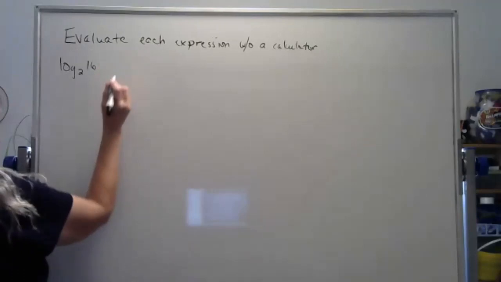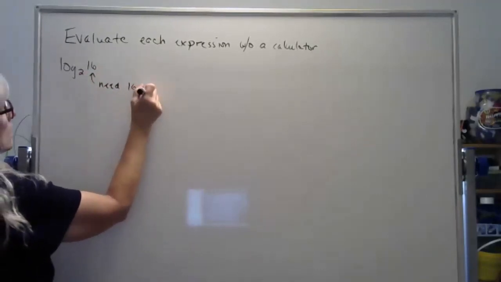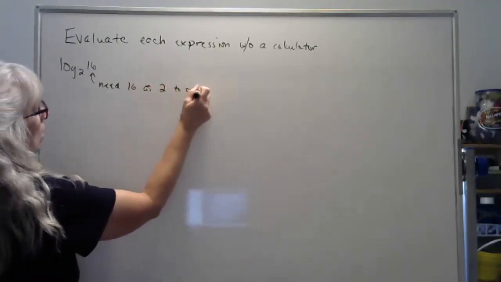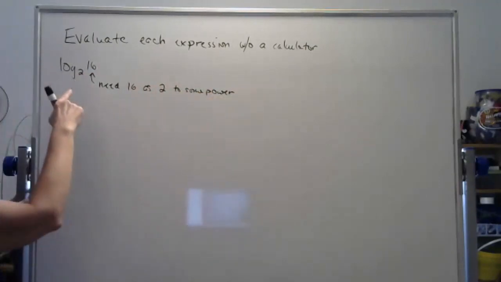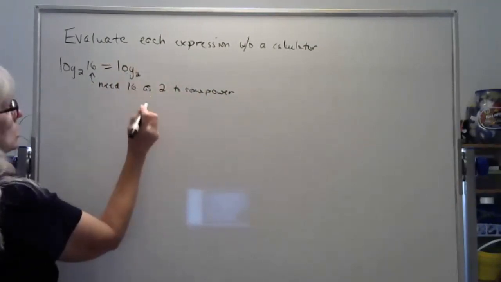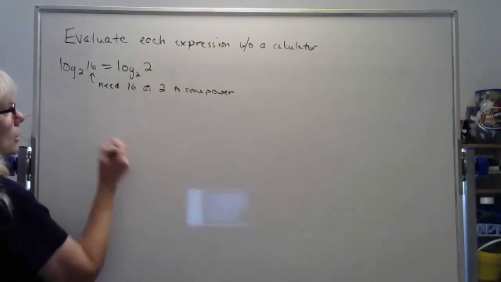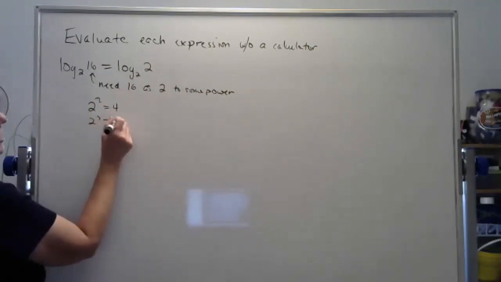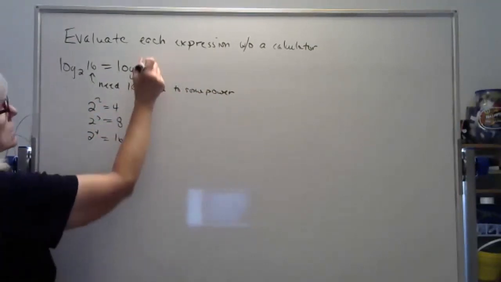So what I'm going to do is recognize that I need to write 16 as 2 to some power. And the reason I'm picking 2 is because we have a base of 2. So that would be log base 2. 16 is 2 to the what power? If I don't know, I sit there and play with it. So 2 squared is 4. 2 cubed is 8. 2 to the 4th power is 16. So that's 2 to the 4th power.